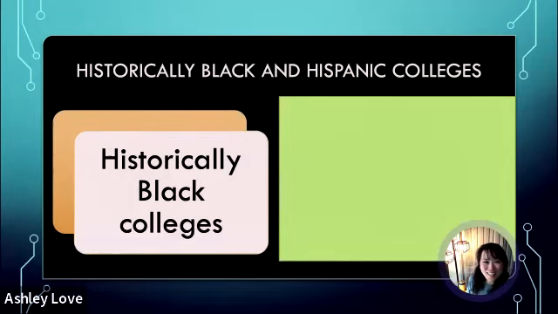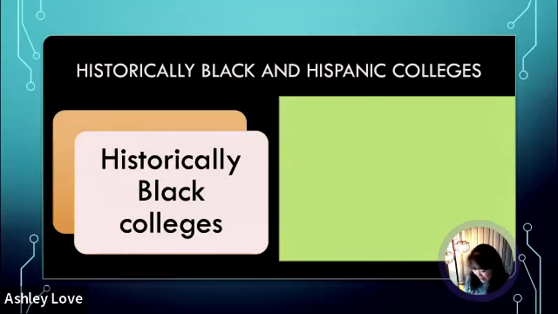We briefly touched on this. Historically Black colleges means that they were established with the goal of providing education to African American students, or Black students. These colleges typically emphasize the importance of African American culture, histories, and values. And remember, these universities were established before 1964 with the primary mission of serving this population.